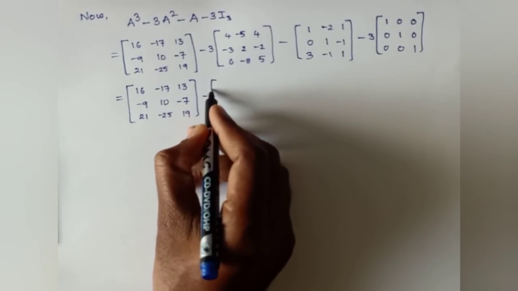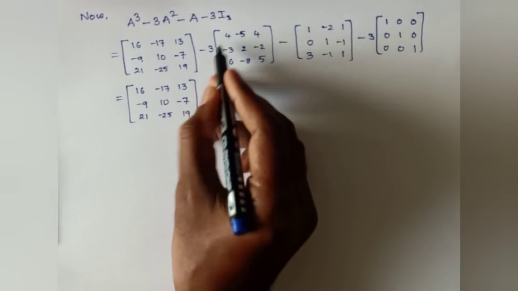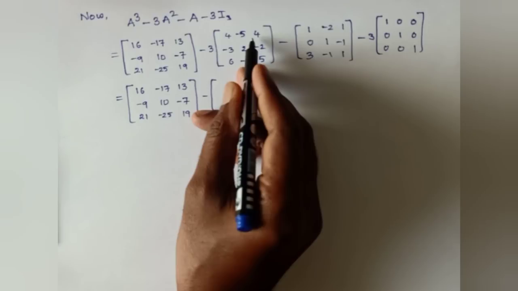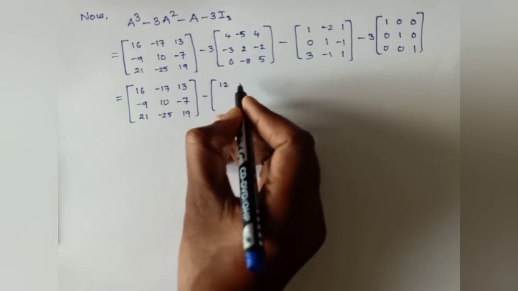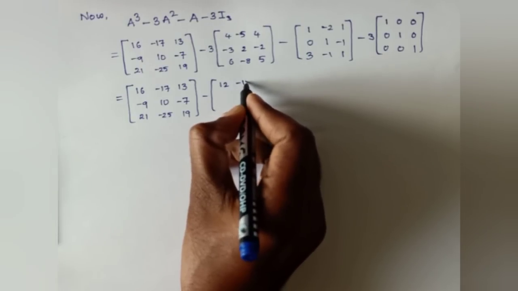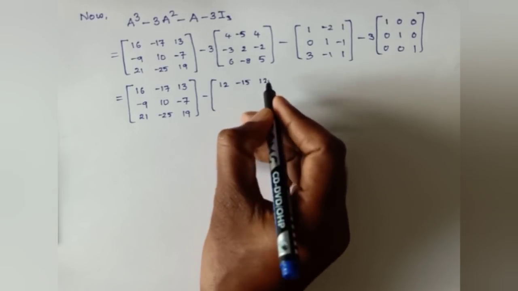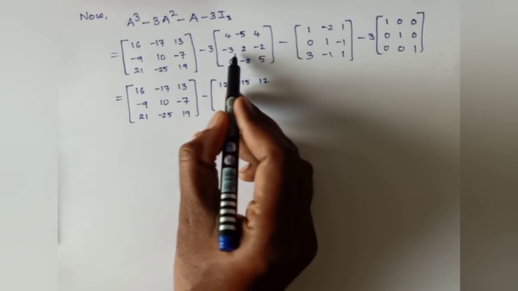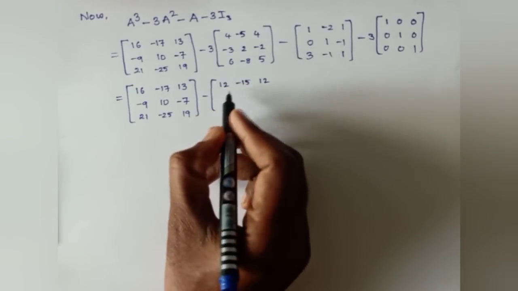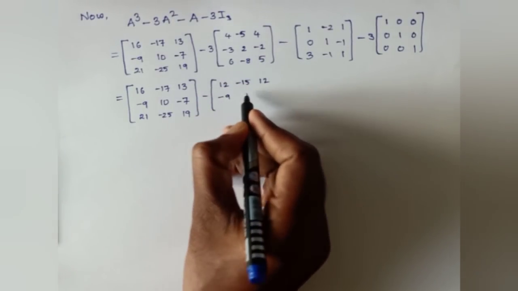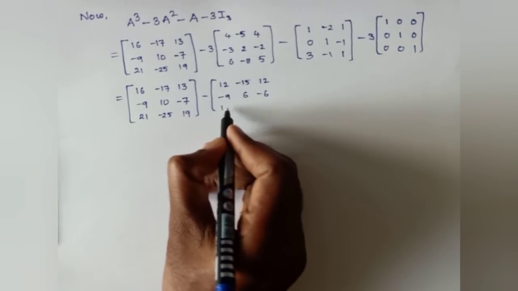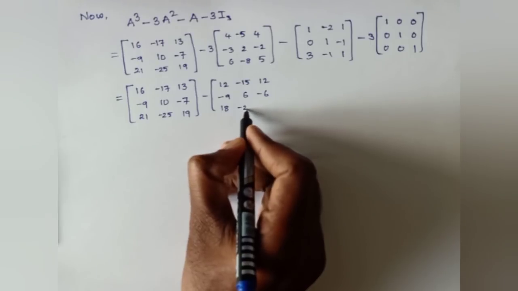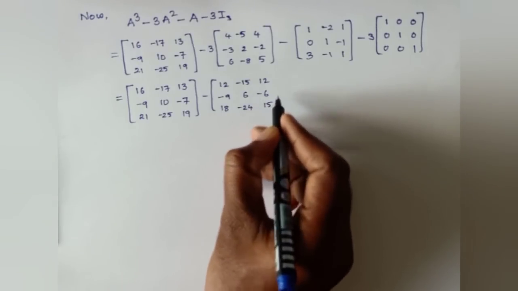So that becomes 3 into 4, 3 into minus 5, 3 into 4. So it is 3 into 4, 12, minus 15, again 12. Next, you need to multiply this 3 with the row element. So we get minus 9, 6, minus 6. Next 18, minus 24, 15.